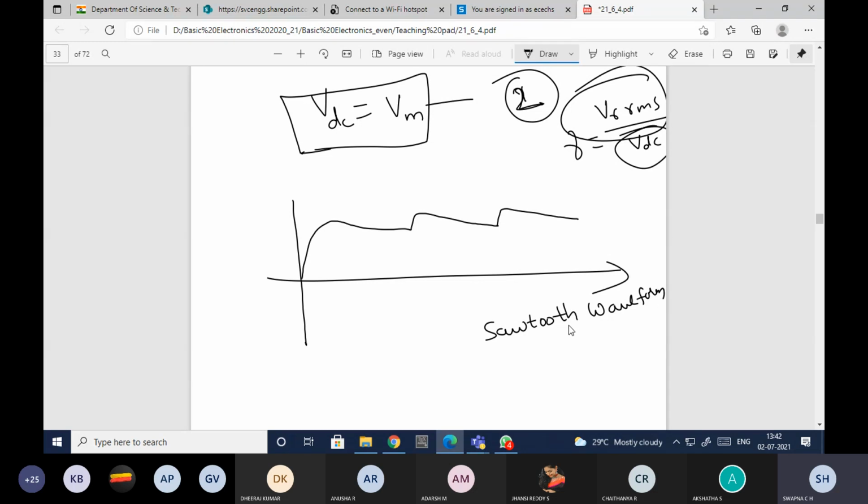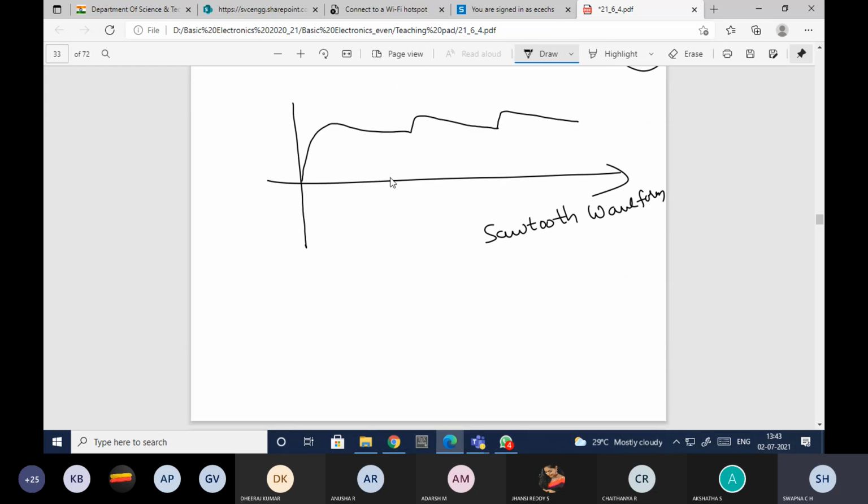Yes, ma'am. So to get the ideal ripple factor, we'll just assume that this is in the form of a sawtooth waveform, which will be this way.